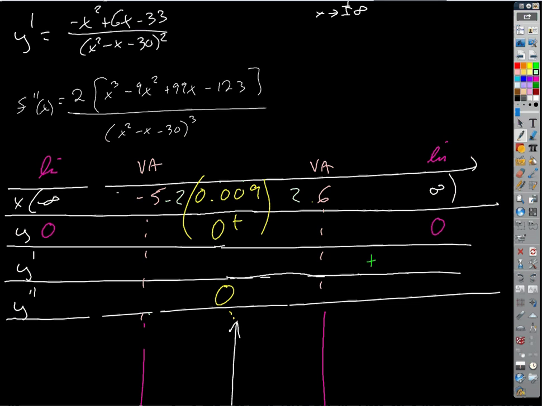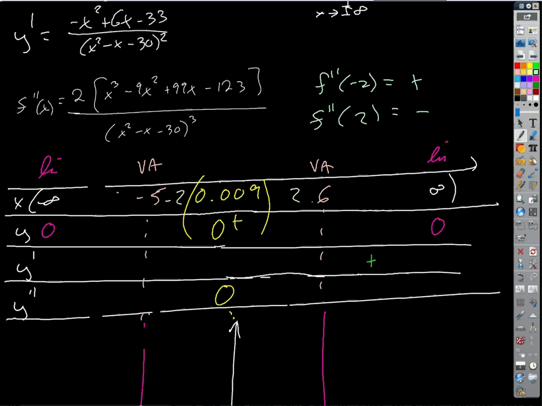But if we were to take this function and evaluate it at -2, what are we going to get? F double prime of -2 is positive. F double prime of +2 is negative.